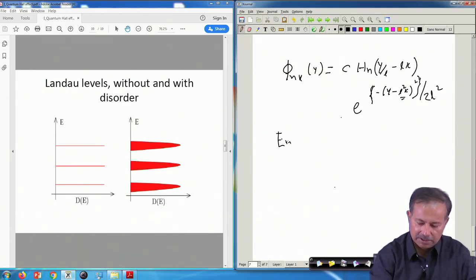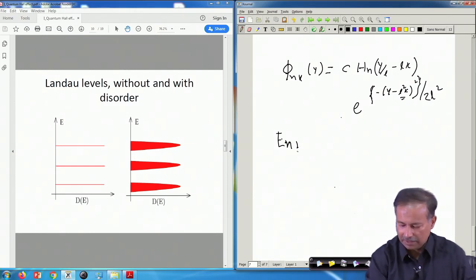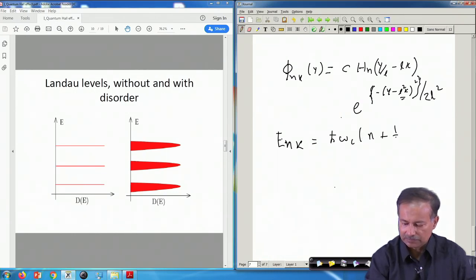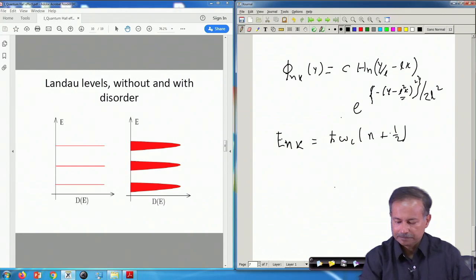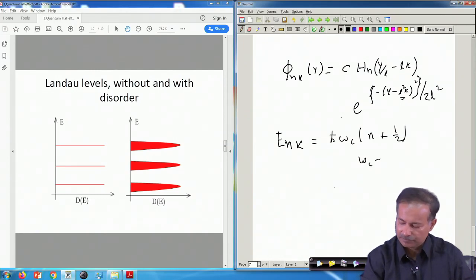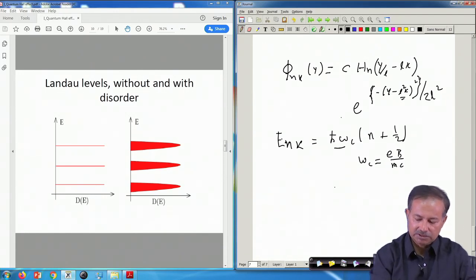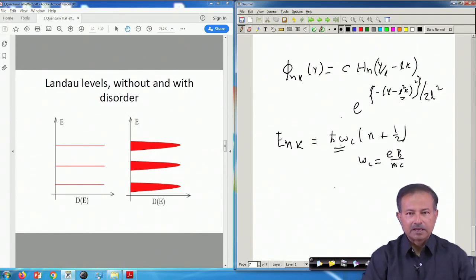This E n k is actually independent of k: h cross omega c into n plus half, and this n is an integer. Omega c as before is eB by m c. So, h cross omega c is the scale of energy. This is exactly like a harmonic oscillator.